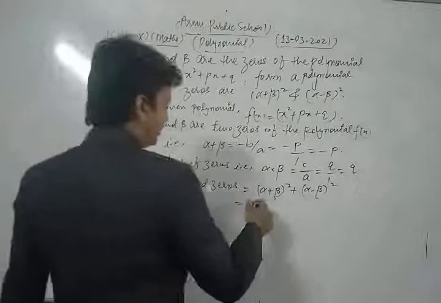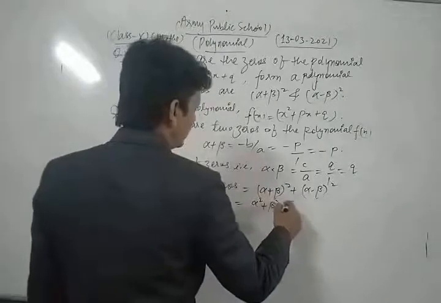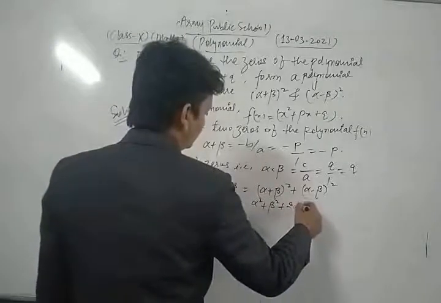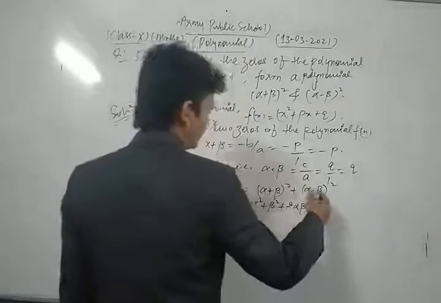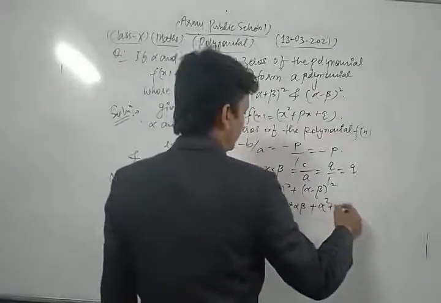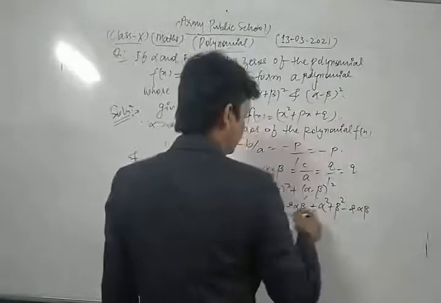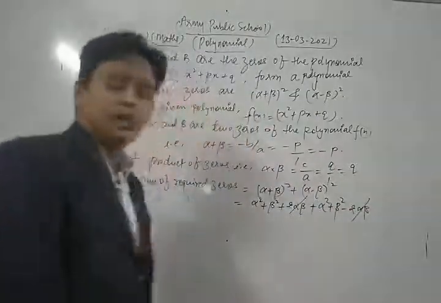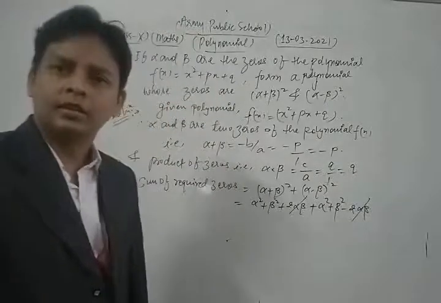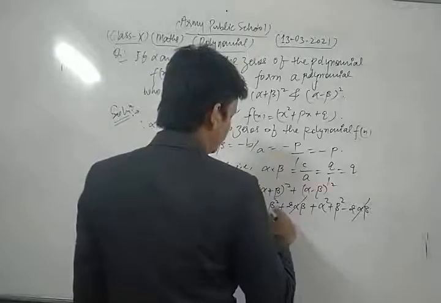So we get a square plus b square plus 2ab, plus a square plus b square minus 2ab. Now plus 2 alpha beta and minus 2 alpha beta cancel each other, and we get 2 alpha square plus 2 beta square.